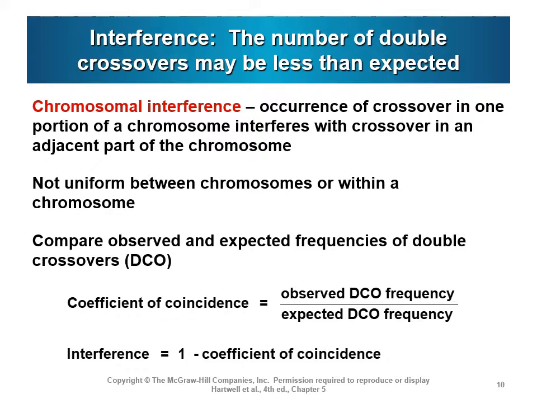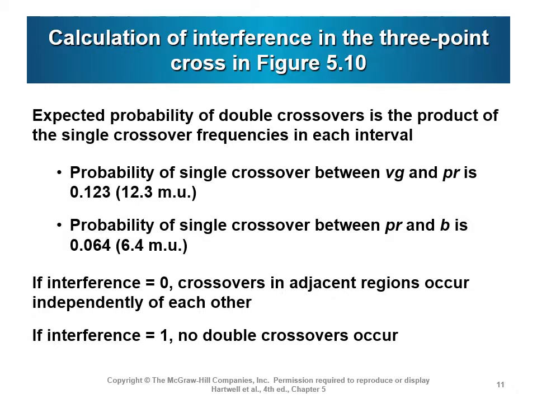That is the ratio of the observed double crossover frequency to the expected double crossover frequency, and the interference is the measurement that equals 1 minus the coefficient of coincidence. The expected probability of double crossover is the product of the single crossover frequencies in each interval.